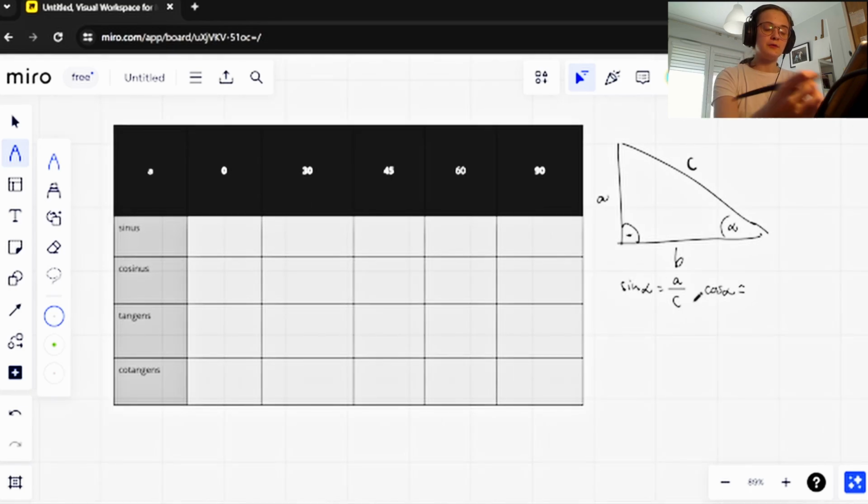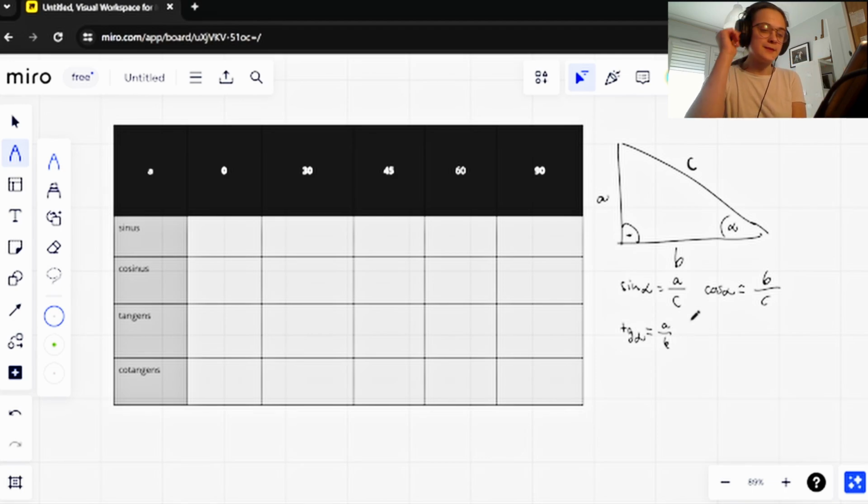Sinus is A divided by C, and cosinus is B divided by C. This is how it's opposite. We won't change the C in the sinus and cosinus because it's the base of how they are known. Tangens is A divided by B, sorry. And cotangens is the opposite: B divided by A.